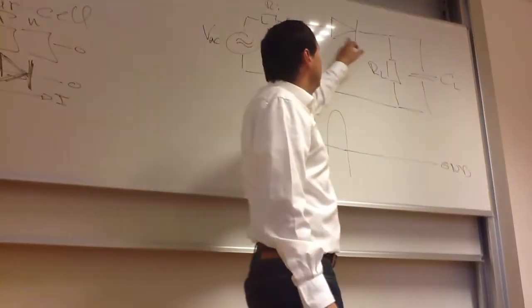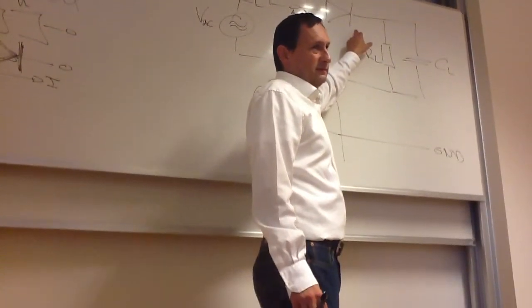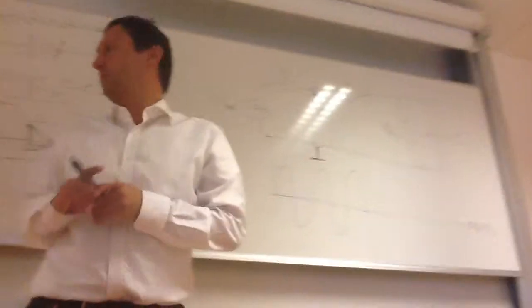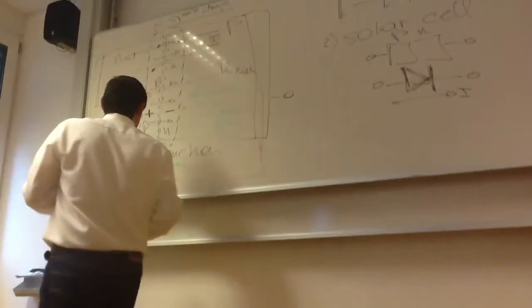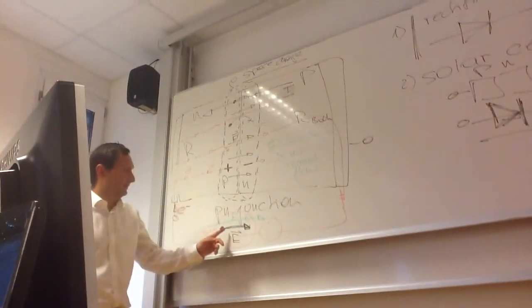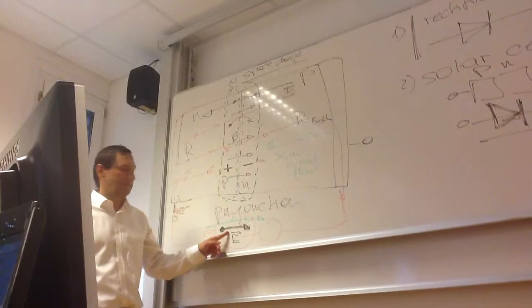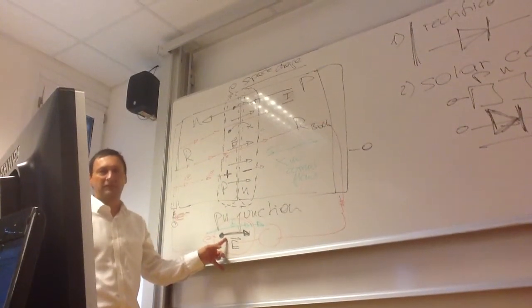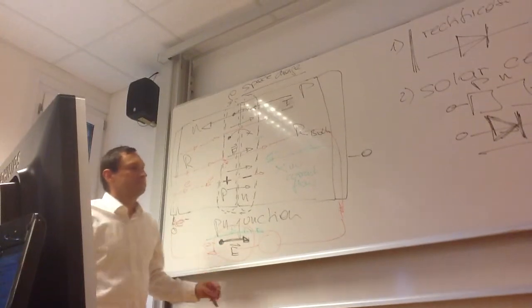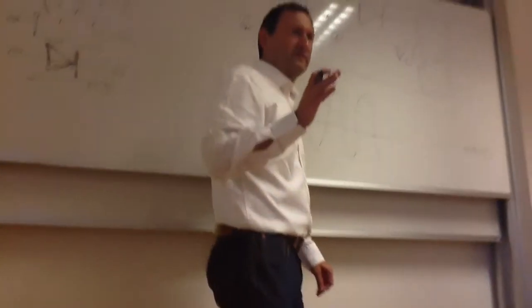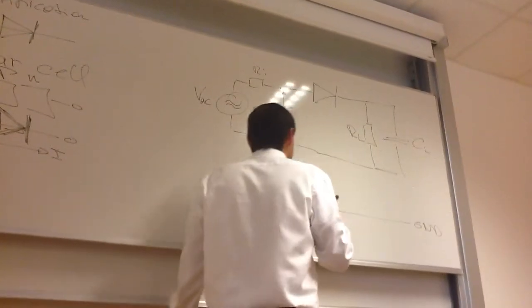And after the diode, we have some losses. They stem from the PN junction electric field. It's called diffusion potential. And this sums up roughly to 0.6, 0.7 volts.